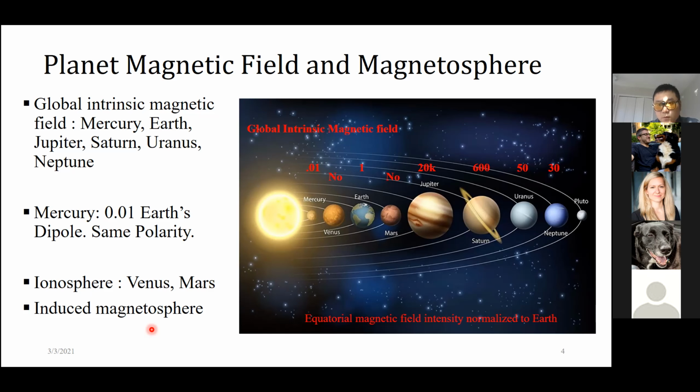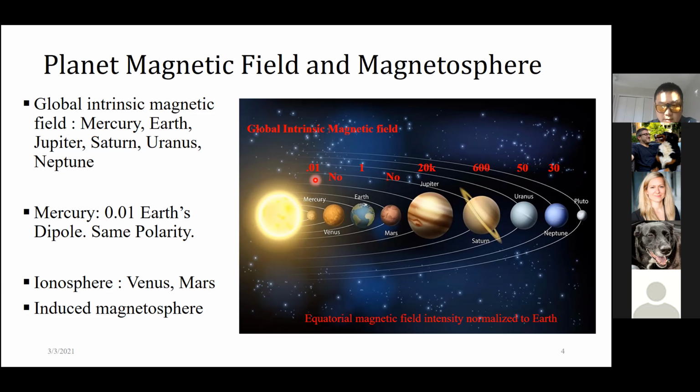Mercury is the innermost planet in the solar system, so it's in here. And about them, I have shown the number. This number is the equatorial magnetic field intensity, normalized to that of Earth. As you can see, the magnetic field intensity of Mercury is only around 1% of the Earth's magnetic field intensity near the equatorial plane. So it is a very small magnetic dipole.